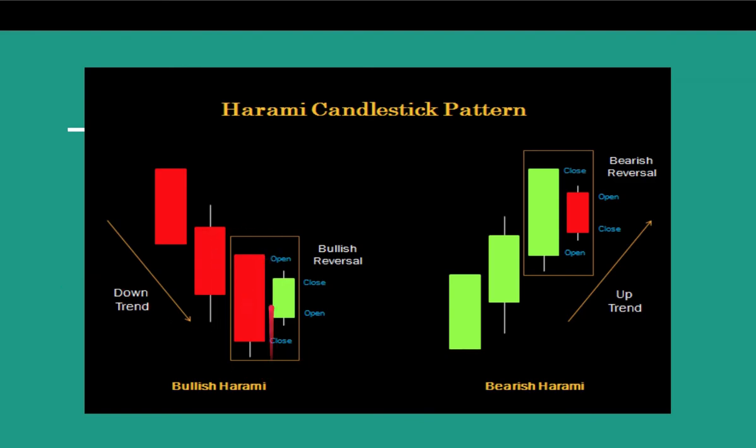In this case, the first candle is a big real body red candle, and the next one is a green one, which is inside of the previous one. The color of the real bodies in this pattern is unimportant. They can be opposite or the same color. So the second one can be either green or red.